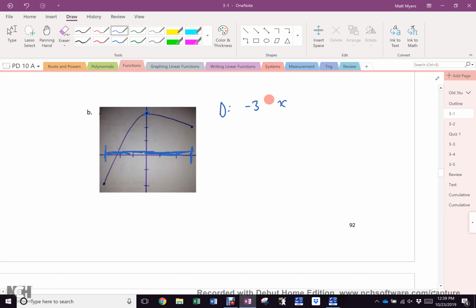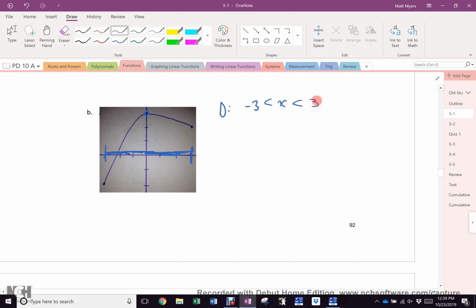So, -3 is less than all of my x values, isn't it? And x is less than 3, isn't it? Because x cannot be greater than 3, so x must be less than 3.